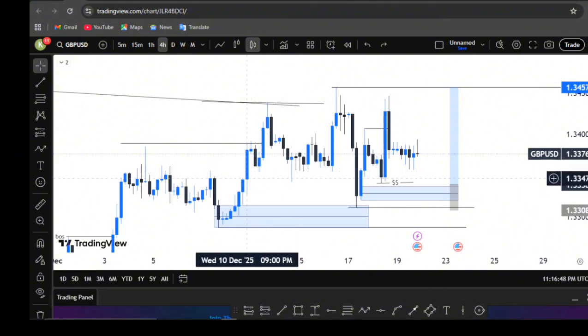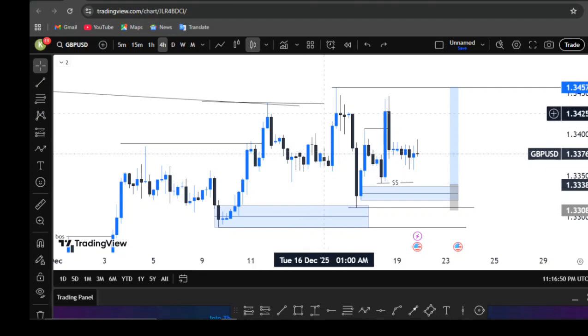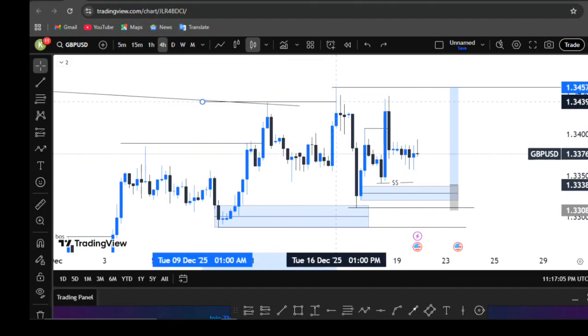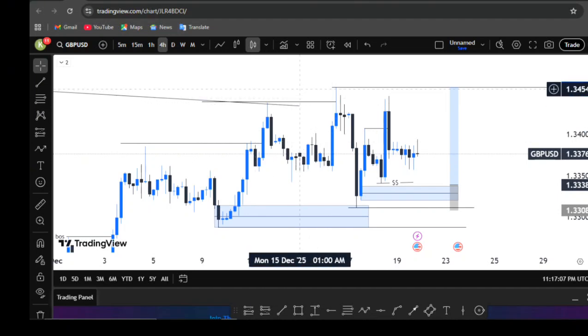So as you're seeing, the market came and swept this liquidity. It traded into the zone, and it went up to the trend line liquidity that we expected. But we didn't get a break up this last high.